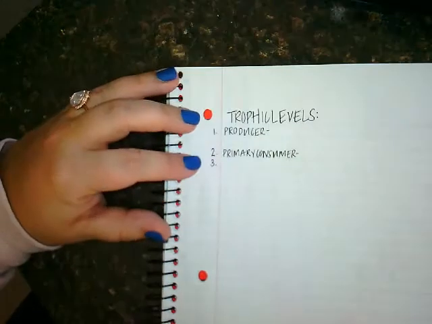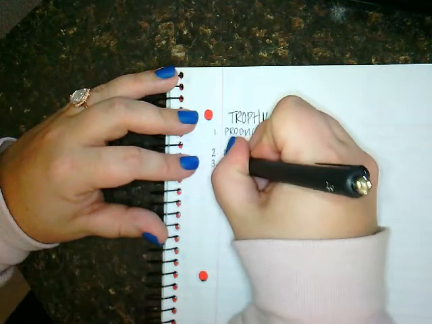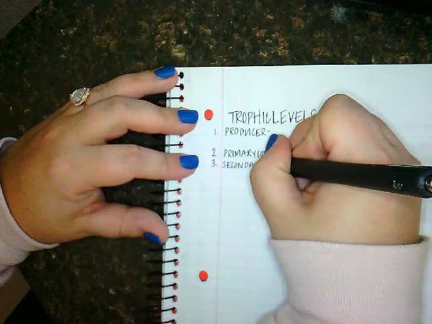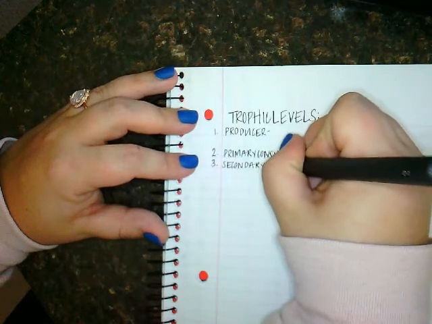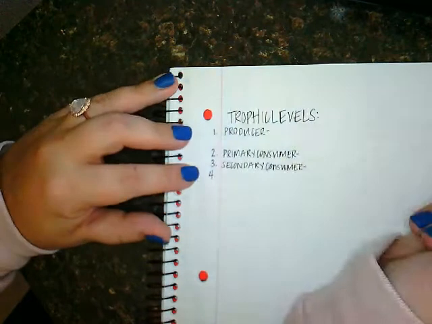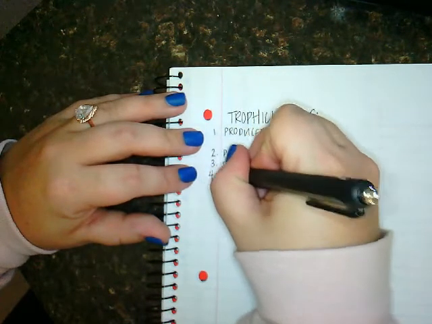On the next line, we're not skipping a line this time, we're going to write secondary consumer. And number 4, right under that, is going to be a tertiary consumer.